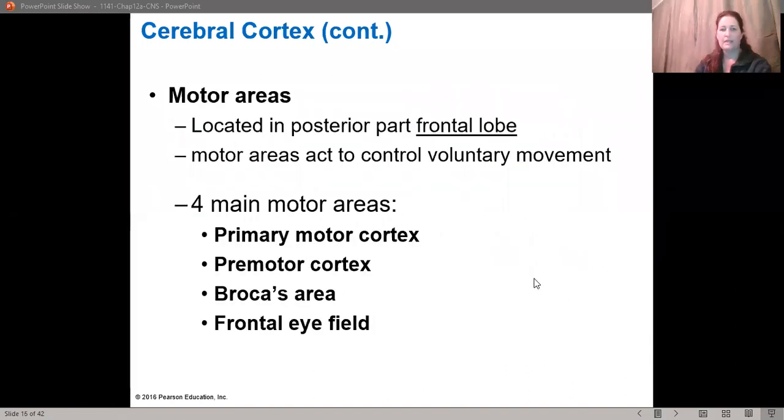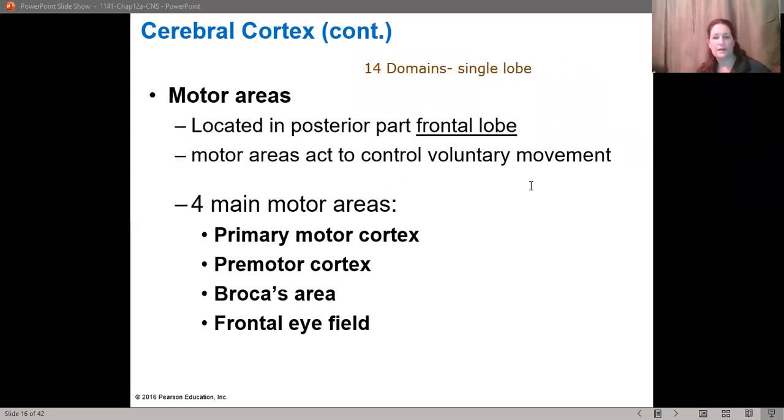So we're going to start a look at our 14 domains, and each one is located in a single lobe. So you need to be able to identify which lobe and what is its function. First, is it motor? Is it sensory? And then what function, what purpose does it do?